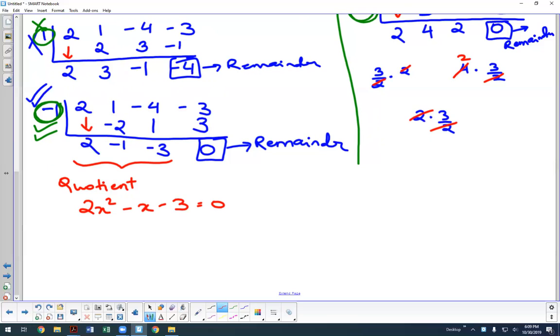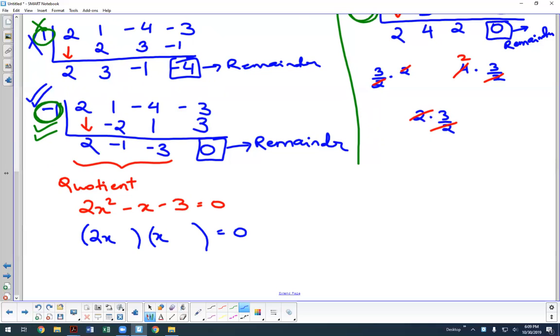Solving a second degree polynomial is still pretty easy. Can I factor this? Actually, I think we should be able to. 2x squared minus x minus 3, so of course the 2x squared we can break down into 2x and x.